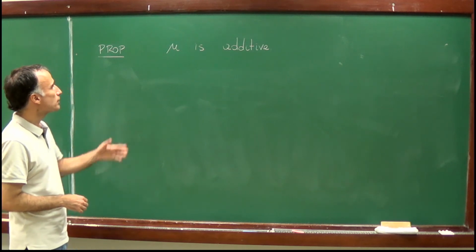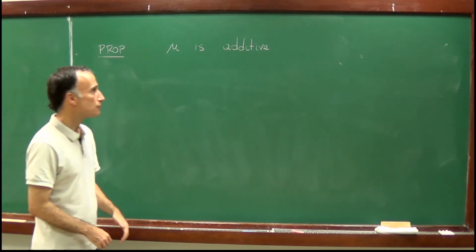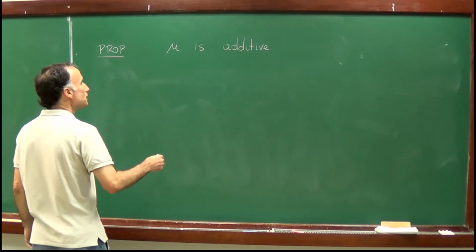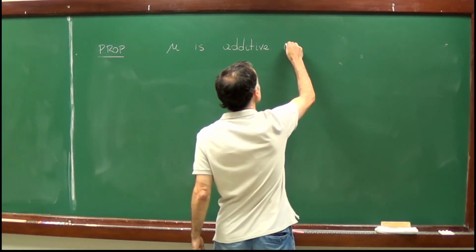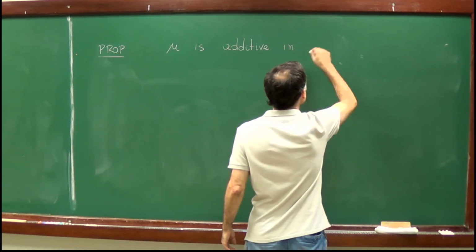So now let's prove that mu is additive. What does that mean? It's additive in the rectangles.